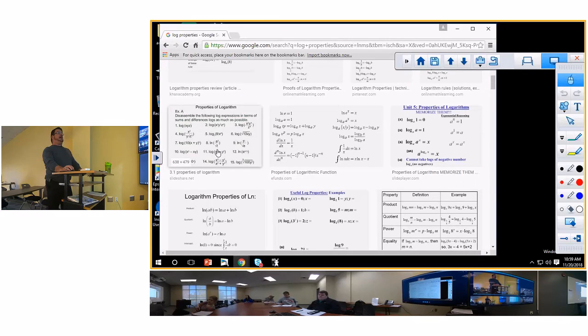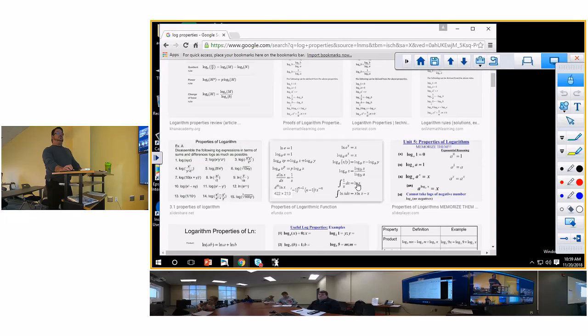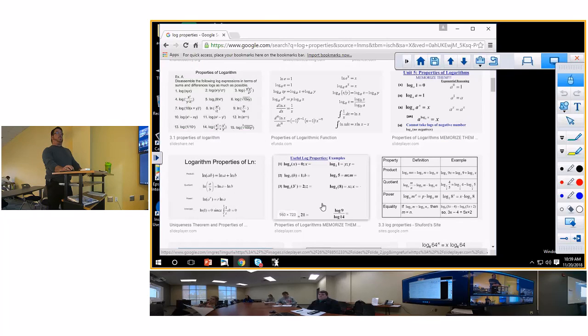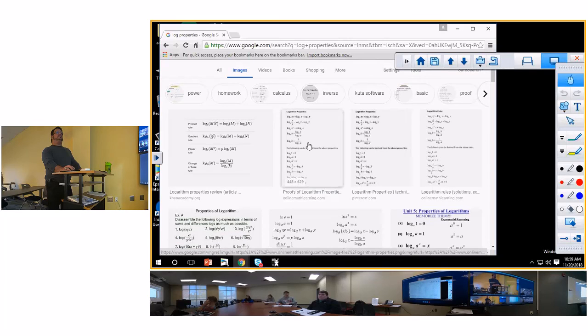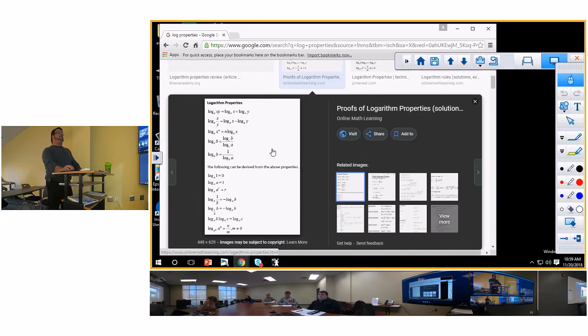You know, you got all kinds here. Just do logarithmic properties. I like this one right here, I think. This is the best one, looks like. Yeah. Okay. I would print that out and keep it until you learn them.